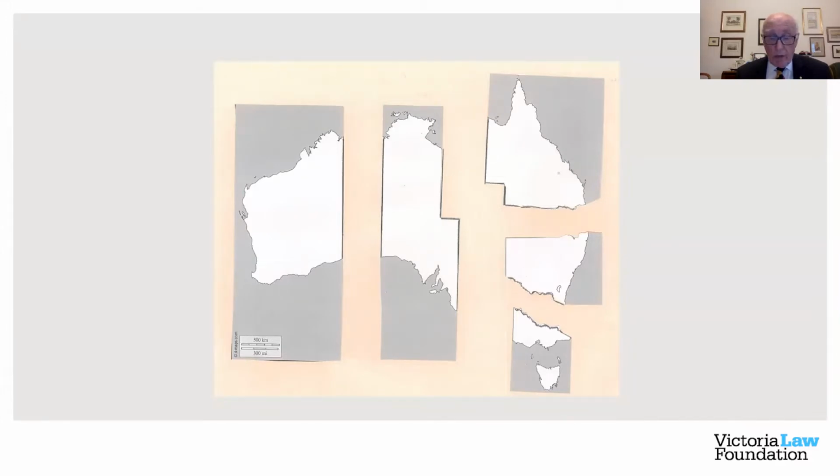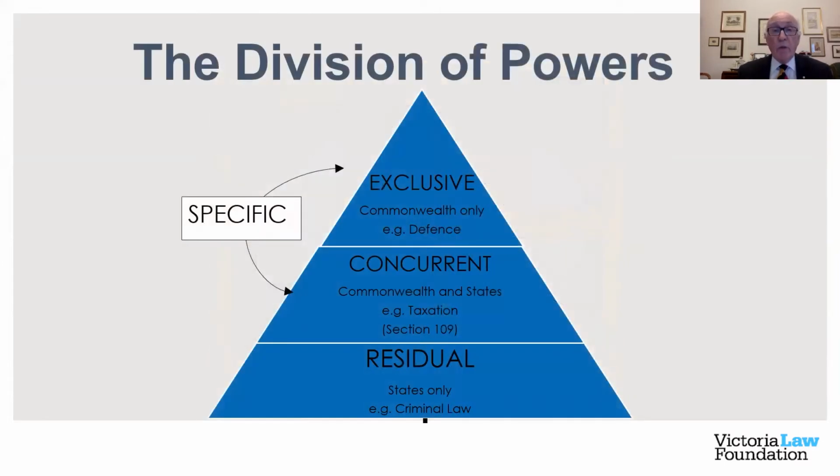As a result of Federation in 1901, the Commonwealth had a constitution and each state had a constitution. Now, this could have created real problems, but in order to make the federal system work, the Commonwealth Constitution sets out the division of powers between the Commonwealth and the states, as this next slide will show you. At the very top, you'll find that we have exclusive powers of the Commonwealth.